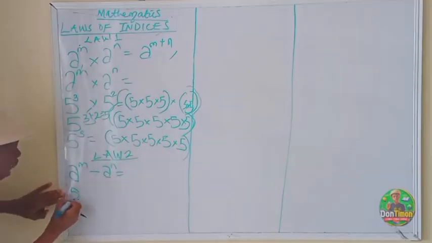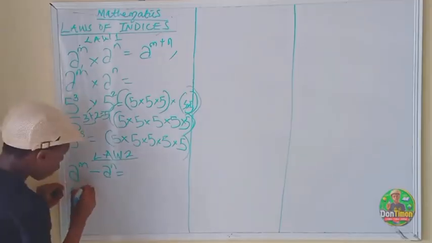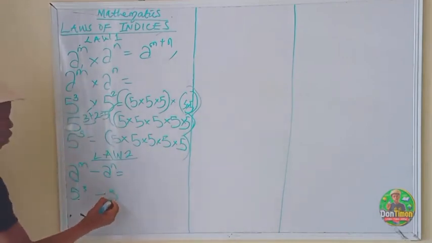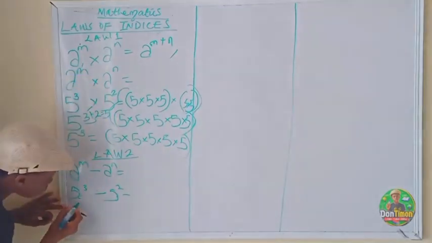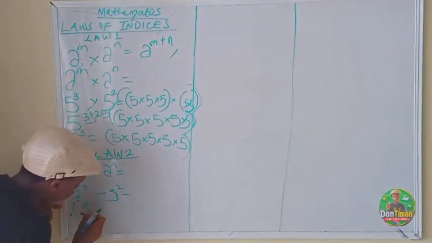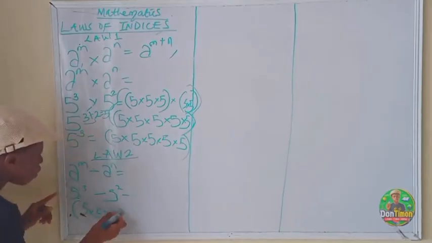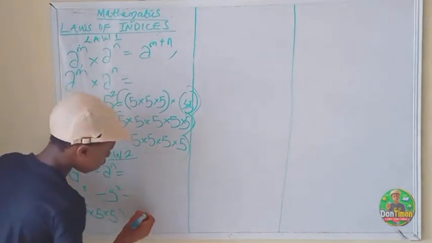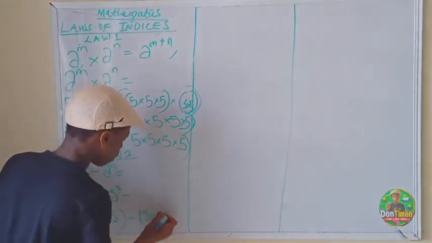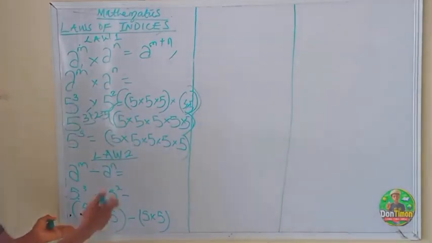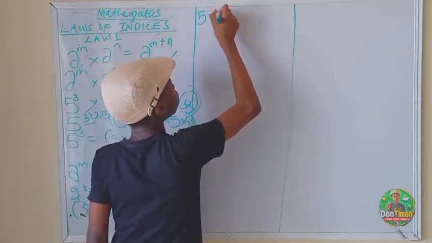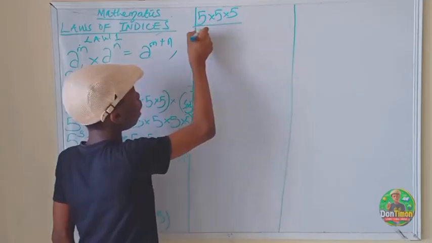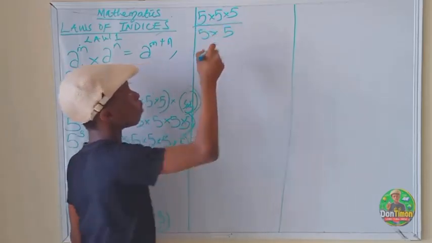We write 5 raised to the power of 3 divided by 5 raised to the power of 2. It's basically the same thing as writing 5 times 5 times 5 divided by 5 times 5. We can write it like this: 5 times 5 times 5 over 5 times 5.